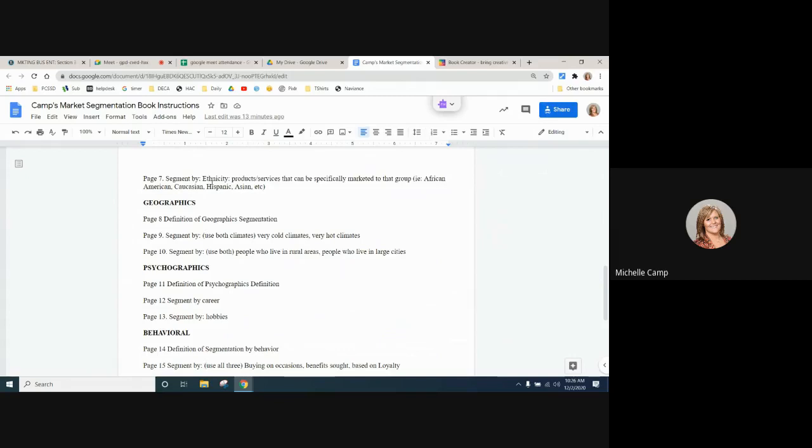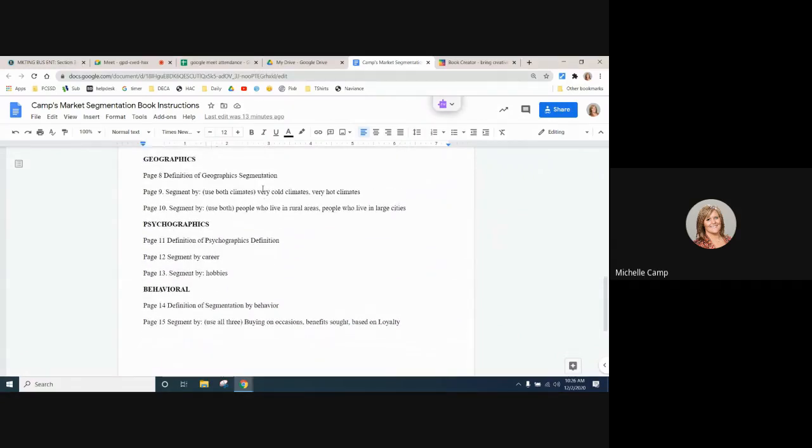So whenever you get to that one, I am going to say here you only have to do 2. So these are just some examples. So just try to find at least 2 examples. And like I said, hair products are a very clear, easy product that we easily see is marketed by ethnicity. Okay.